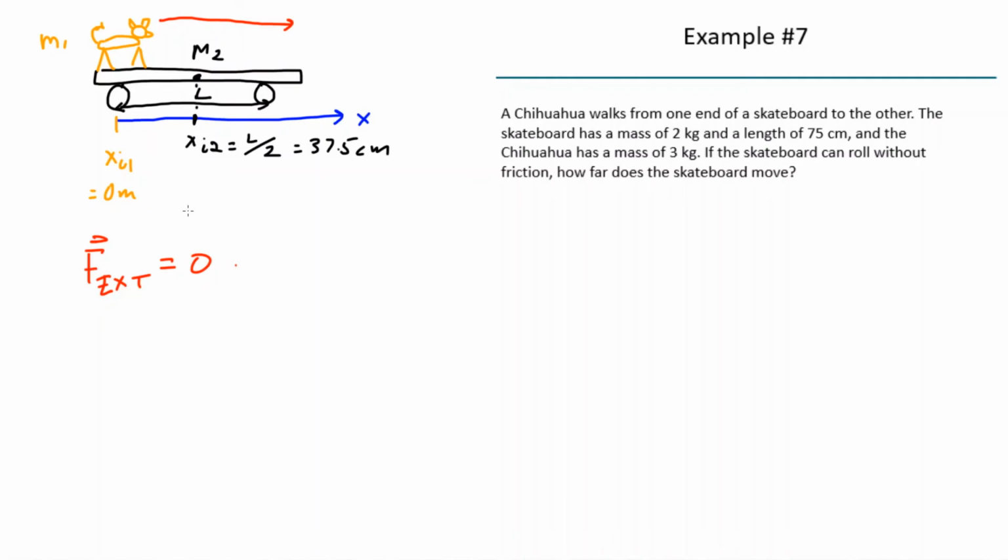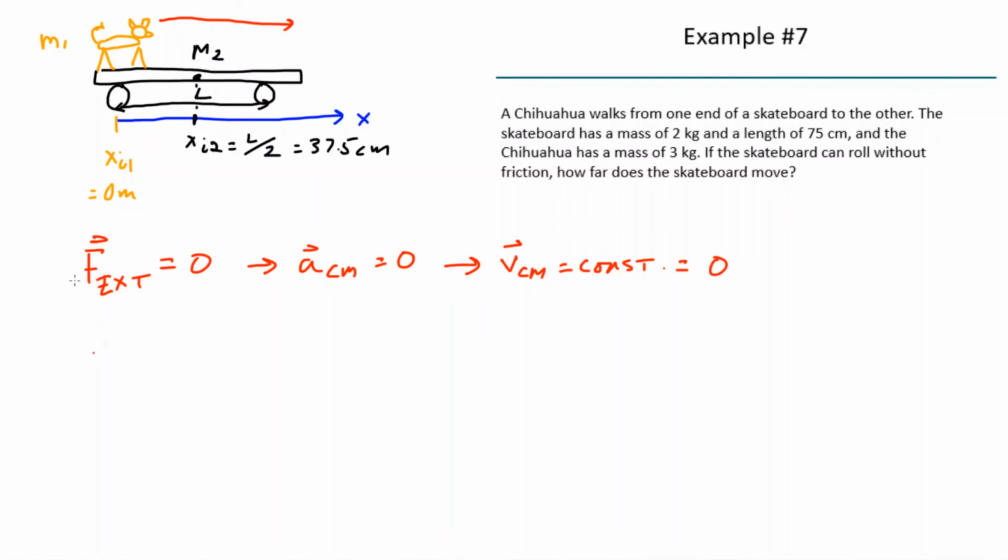There are no external forces acting on the system. That means the acceleration of the center of mass of the system is 0. Well, this means the velocity of the center of mass of the system is constant. And if the chihuahua and the skateboard are starting out at rest, that means this is constantly 0. So the velocity is 0 the whole time.